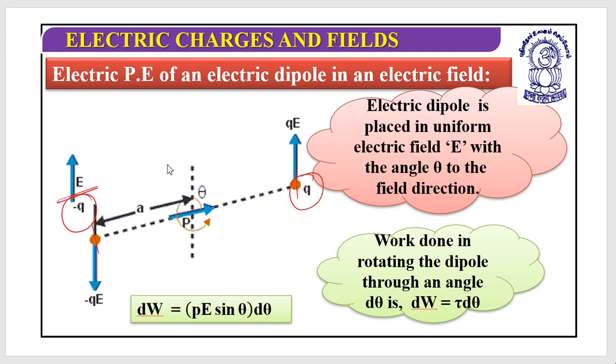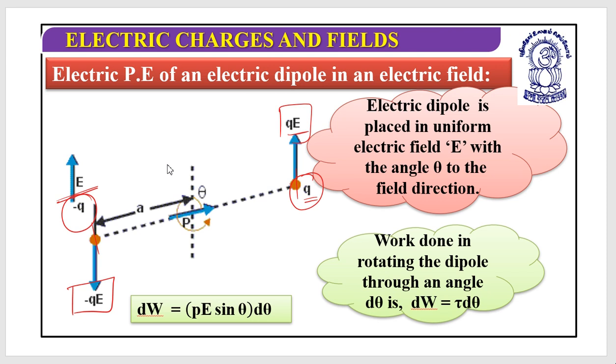We have an electric field in the upward direction. As I said, on the positive charge, force acts in the same direction as the electric field, so this is plus qE, and on the negative charge, force acts in the opposite direction of the electric field.